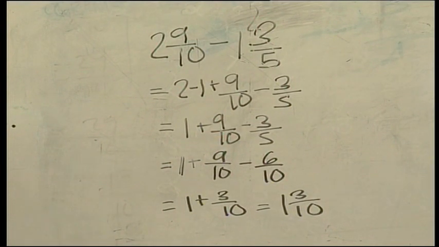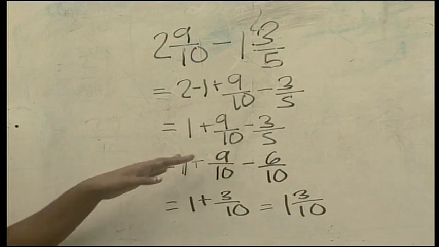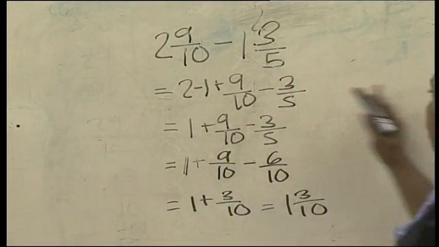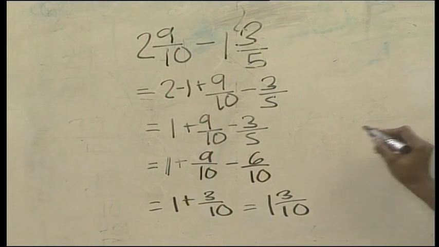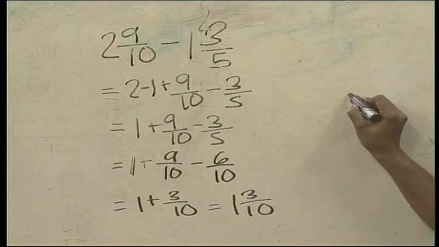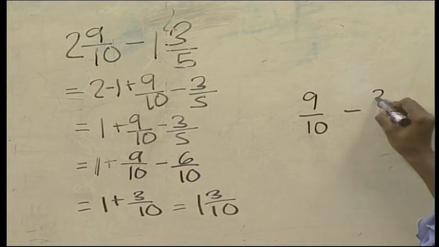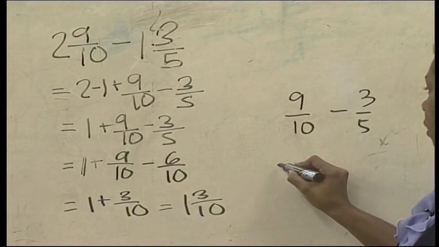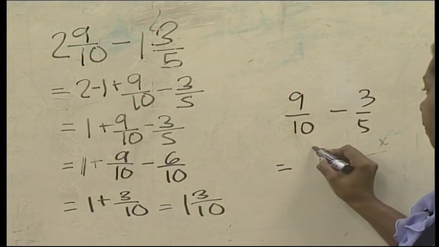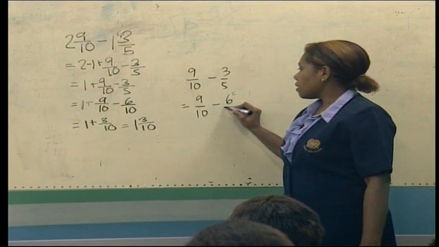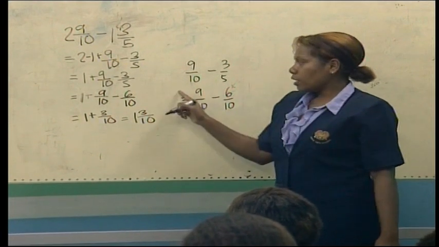You have to find the lowest common denominator for 10 and 5. So you can have it on a separate working out here to find the lowest common denominator, which is 10. 3/5 becomes 6/10. Okay, good.